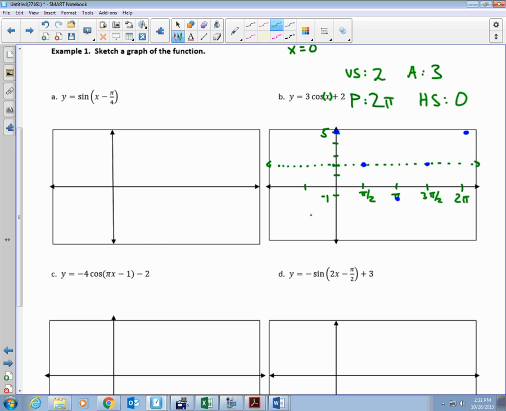I can't show 2 full periods here because I didn't give myself enough room. But I am going to do a half of one on that other side. Okay. So if I go backwards, what's going to be the height at -pi over 2? Yep, it'll be at a height of 2. And then what's going to be the height at -pi? -1. And so that's enough information to really sketch a nice looking graph here.